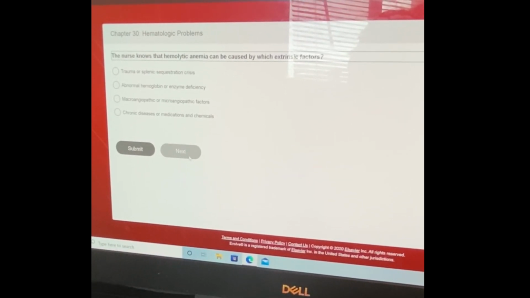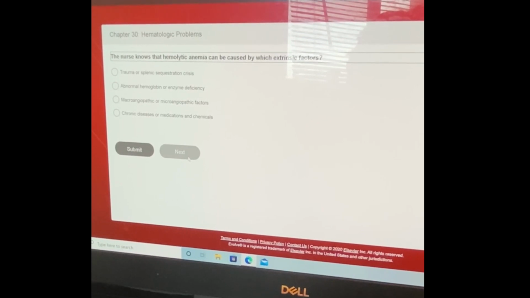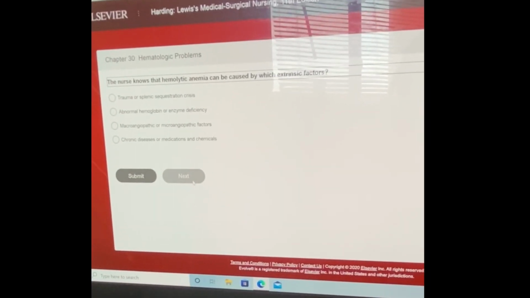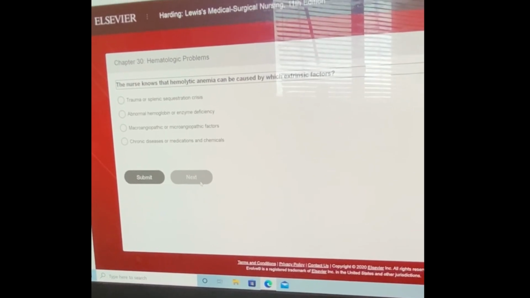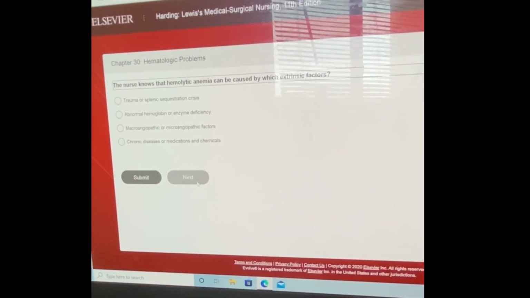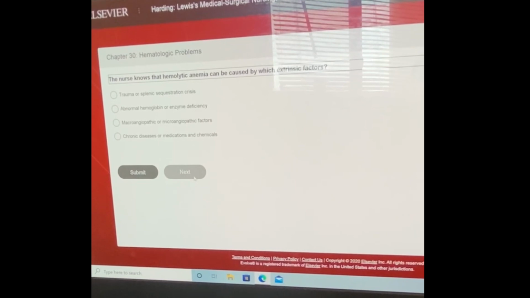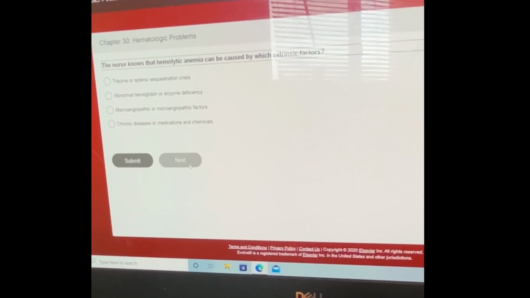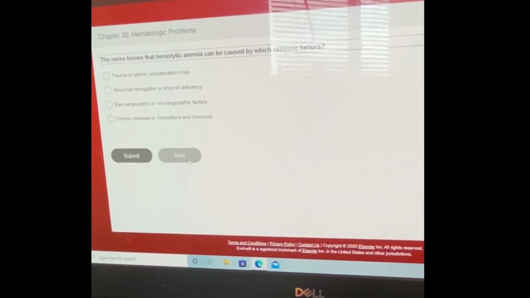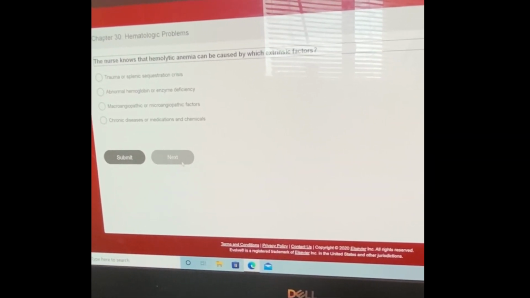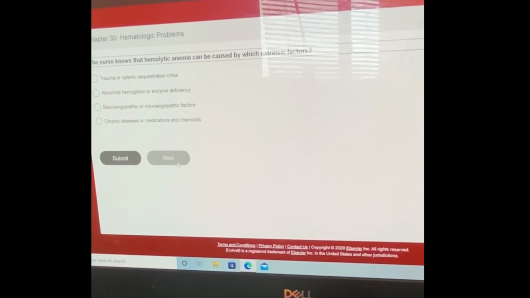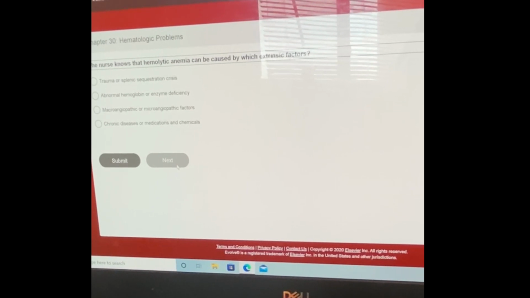Anemia, trauma or splenic sequestration crisis, abnormal hemoglobin or enzyme deficiency, microangiopathic, chronic diseases, or medications and chemicals. Okay, the nurse knows that it's hemolytic. Abnormal hemoglobin. Anemia.